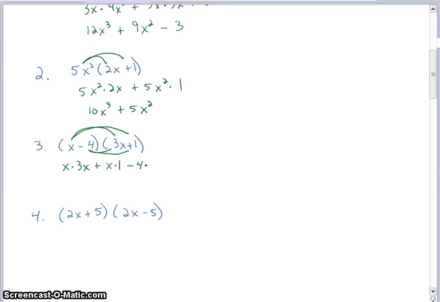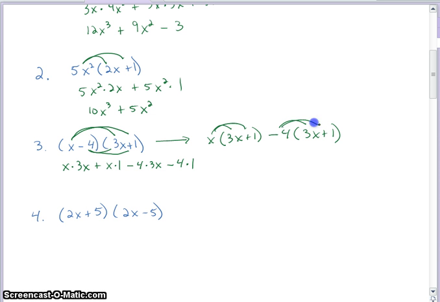So I have a negative 4 times 3x and a negative 4 times 1. This is the same as saying I'm going to take x times 3x plus 1, and I'm going to take the minus 4 times 3x plus 1. Sometimes in your book it's written like that. So just so you're clear, I'm doing the same thing though.